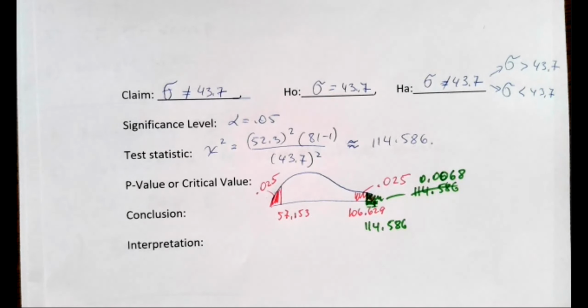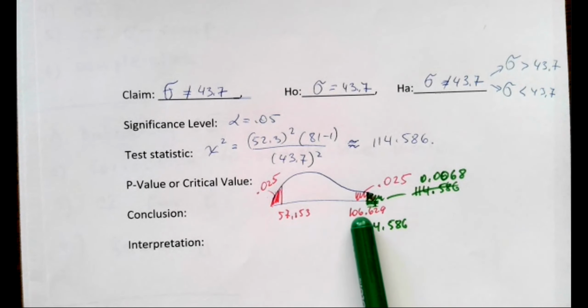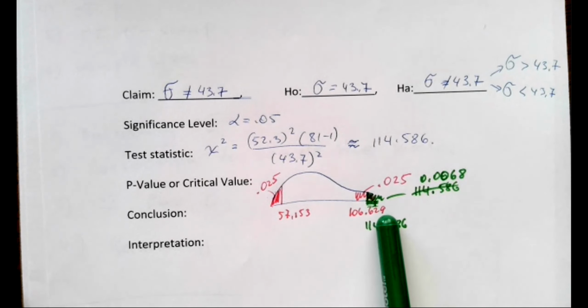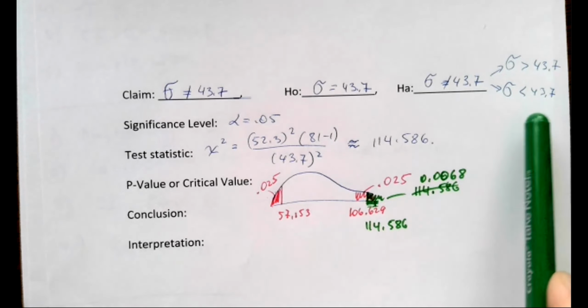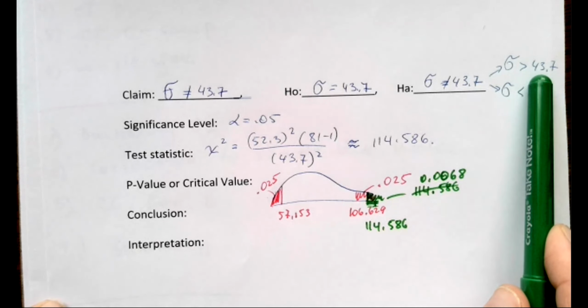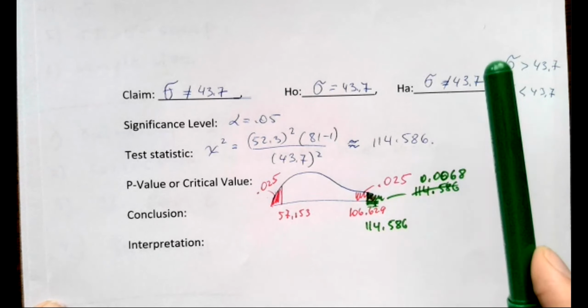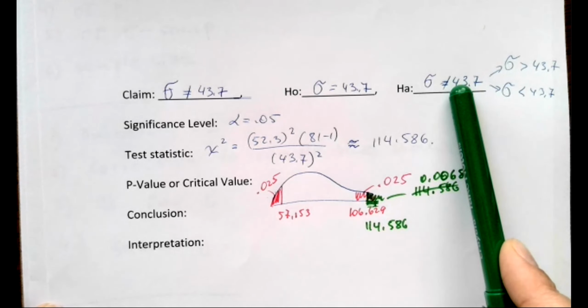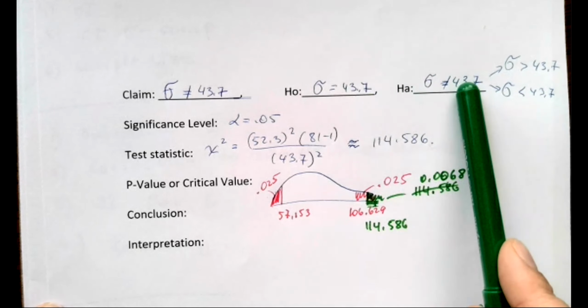This is enough information to make our conclusion already, because we see that our test statistic fell into the critical region. It's to the right of the critical value of 106.629. So we could say that the true standard deviation is actually greater than 43.7. We can reject the null, support the alternative.